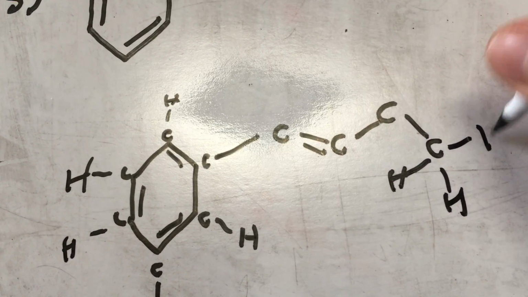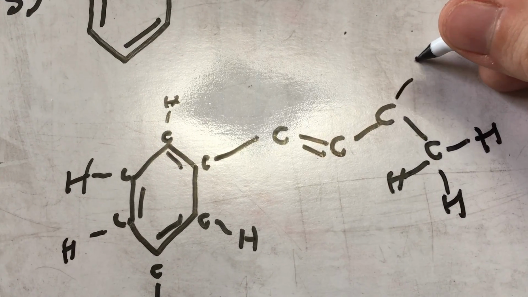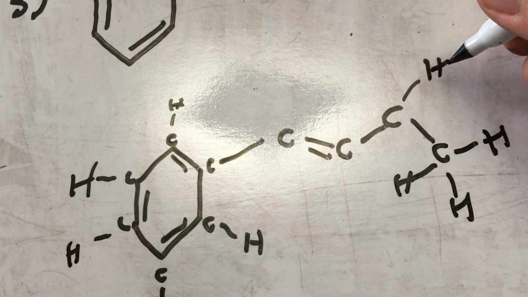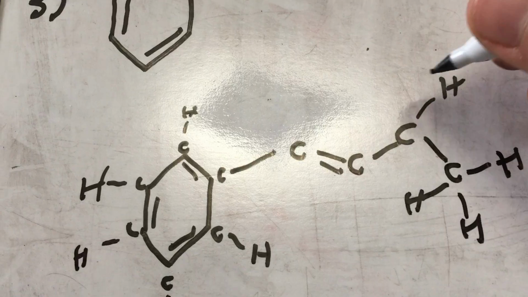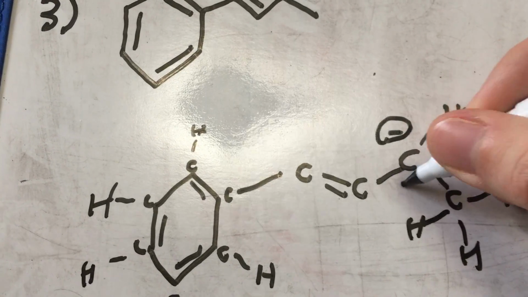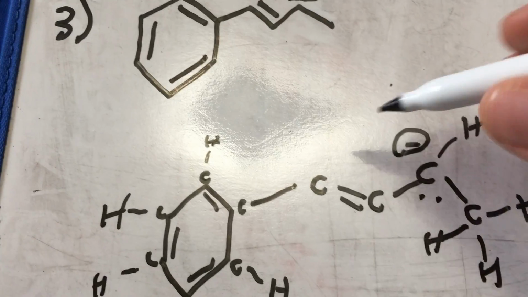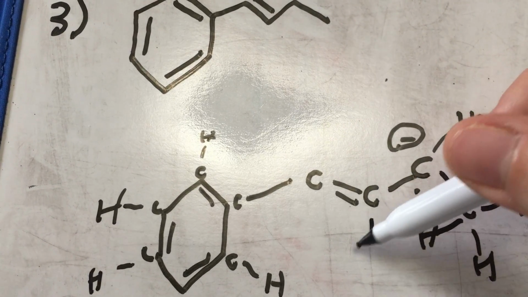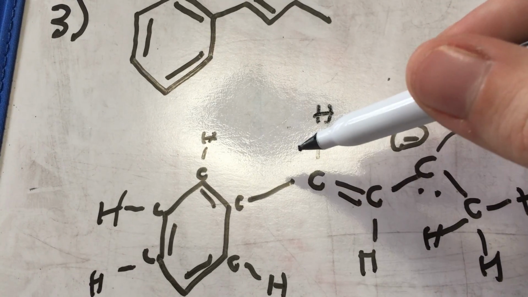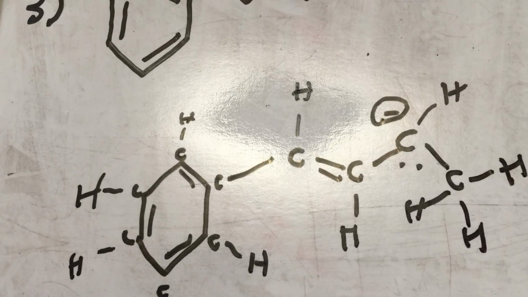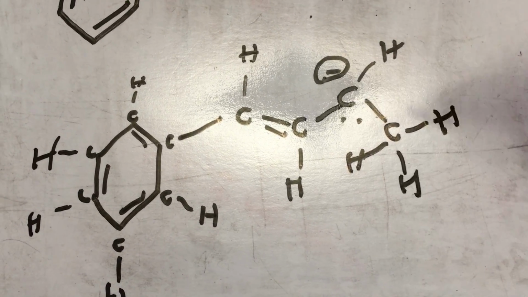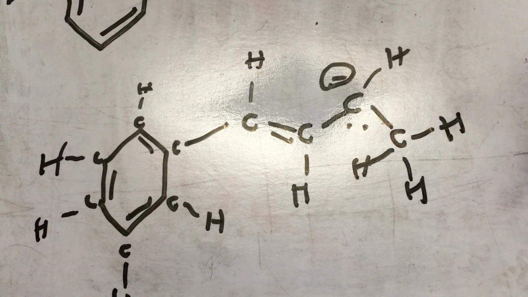Single bond, and at the end, 3 H's. This one has 1 H, and since it has the negative charge there, we just put the electrons. This one has 1 hydrogen, this one has 1 hydrogen, and that one doesn't have any because it has the 4 bonds. So this negative charge tells us that it only has 1 hydrogen and it has those electrons.